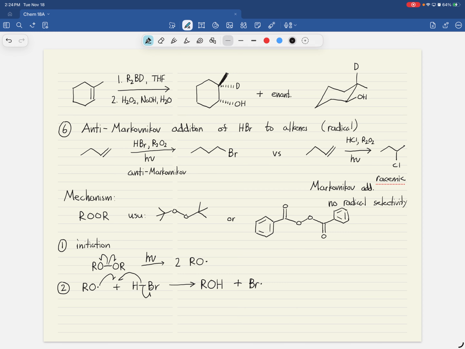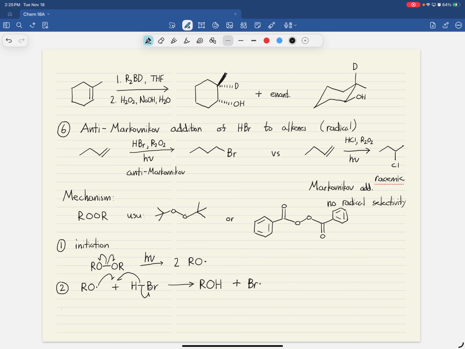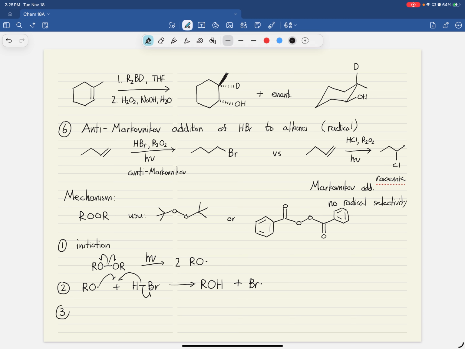In these reactions, we're propagating radicals. We have one radical, and we're forming another radical in the process. When a radical reacts with something else that's not a radical, you're always going to generate a radical species at the end. So this Br, we'll just keep that there. These are the initiation steps for the radicals. Now we're going to generate our carbon chain reaction. That's called propagation. Remember, propagate the chain.